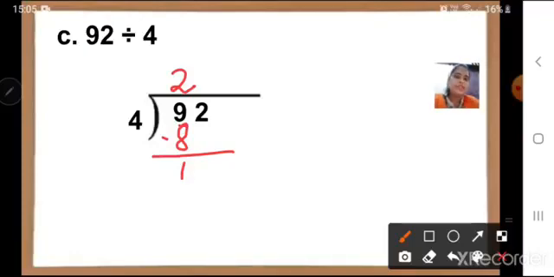What is the next step, children? We have to take the next number, which is number 2, down. Okay. Number 2. Now we can see in place of the dividend here we have got number 12. Now see, 1 and 2 make 12. We have to take these two numbers together. Okay. In 4's table, we have to see whether number 12 will go or not. Yes, it will go. 4 threes are 12.